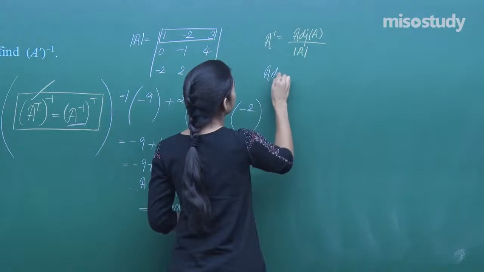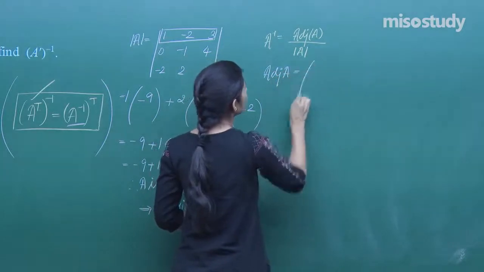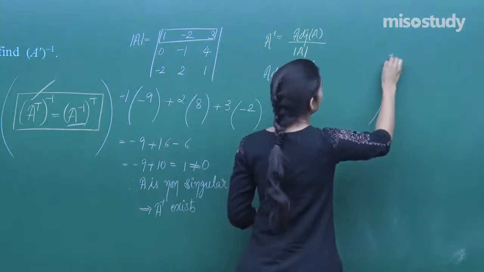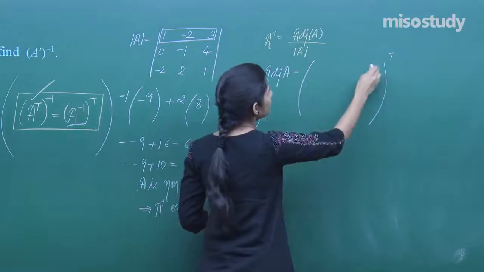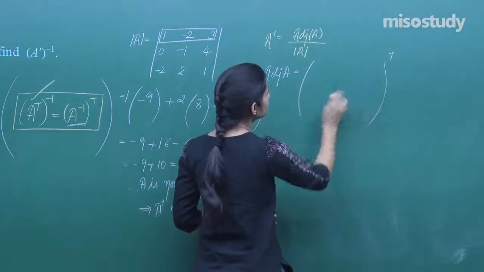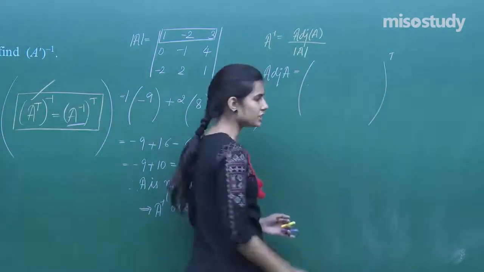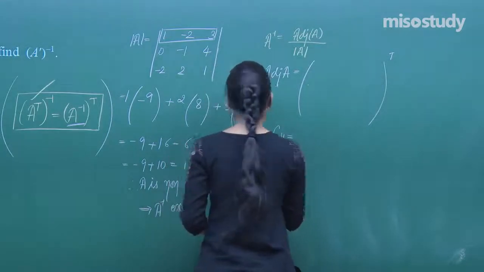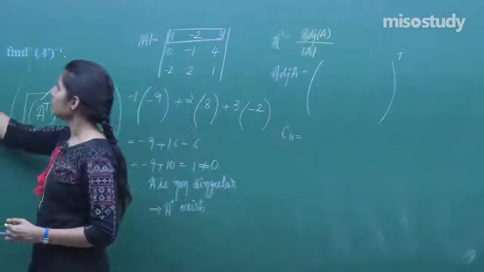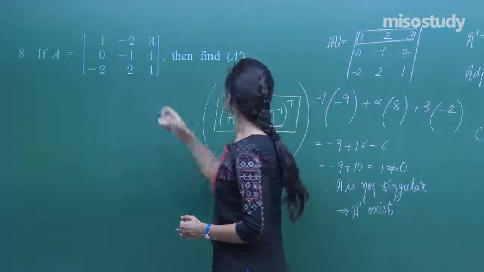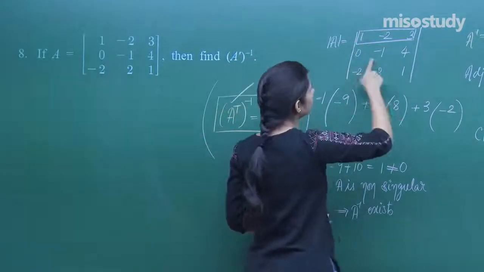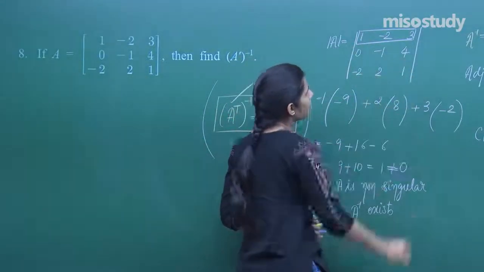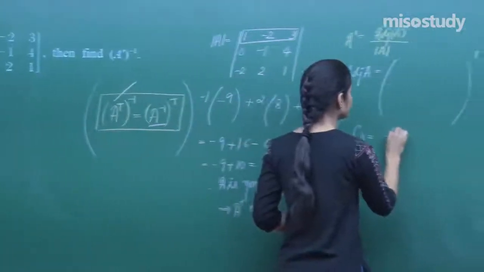The adjoint of A is the transpose of all the cofactors of A: C11, C12, C13, C21, C22, C23, C31, C32, C33. Let's compute C11. It will be minus 1 minus 8, so it is minus 9.